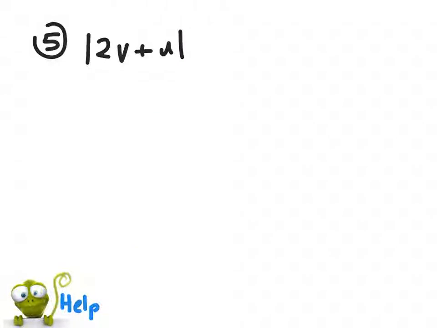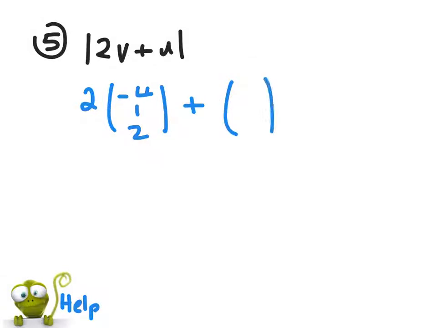Okay, question 5, the magnitude of 2v plus u. So we need to do 2 lots of v. Now v is the vector -4, 1, 2. So we do 2 lots of that, and then we add on to that vector u, which is 2, 0, -4, and that will give us a new vector.